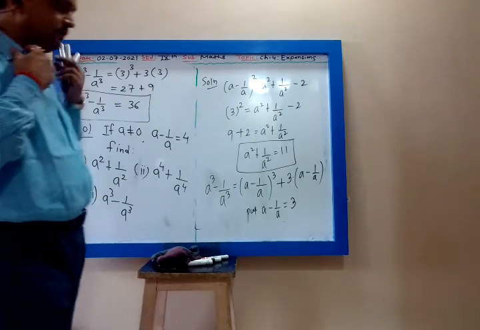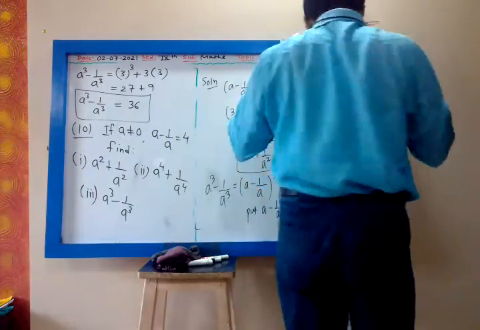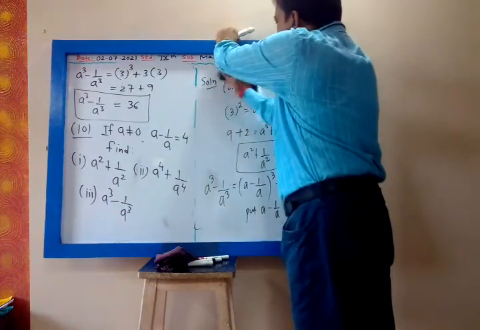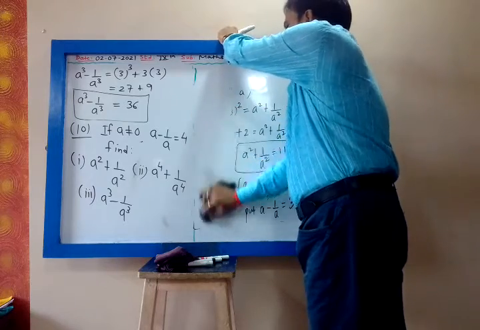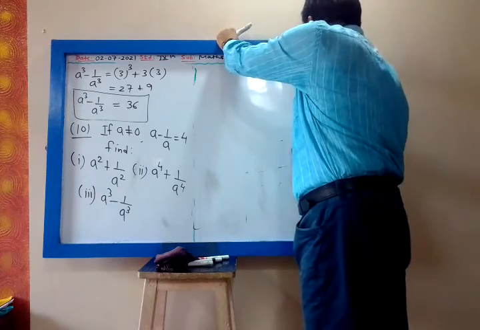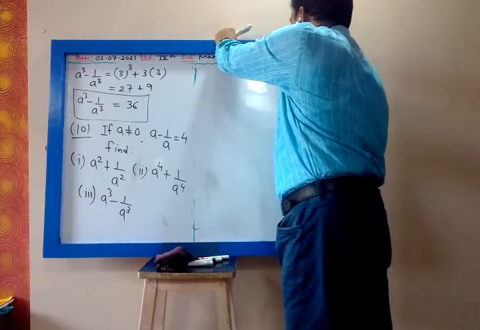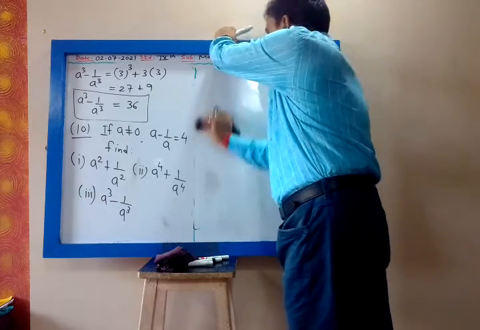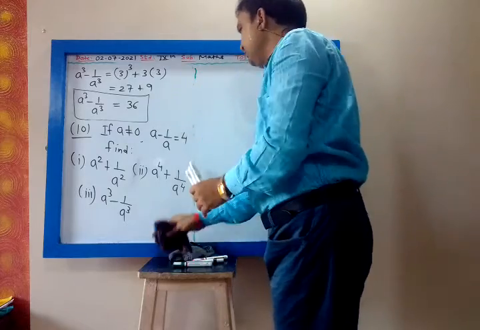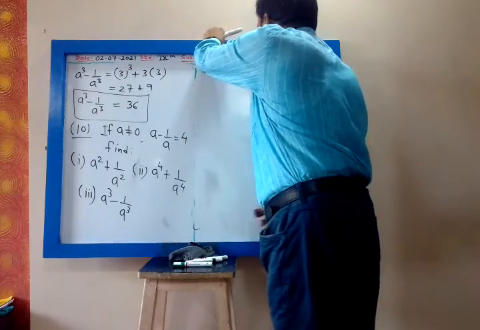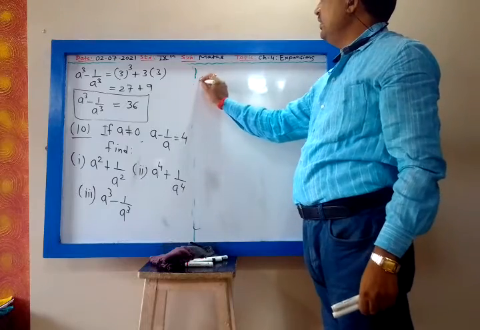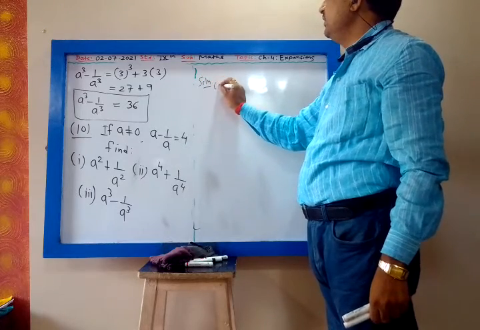So start solving. You are given A minus 1 upon A as 4. Find the value of first A square plus 1 upon A square. So you will consider A minus 1 upon A whole square. So I will write down the formula directly. See, if you write down the formula directly, your time is saved.